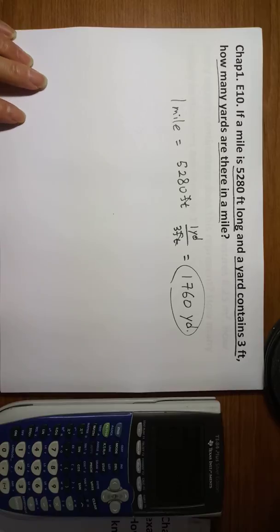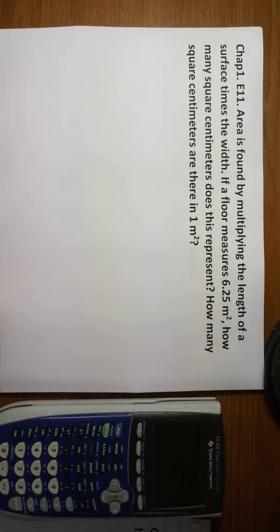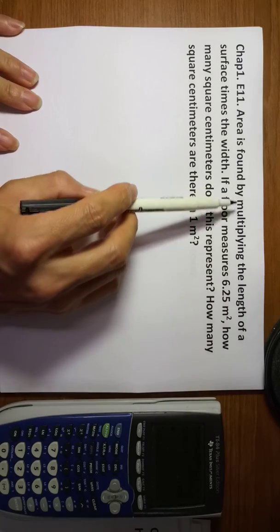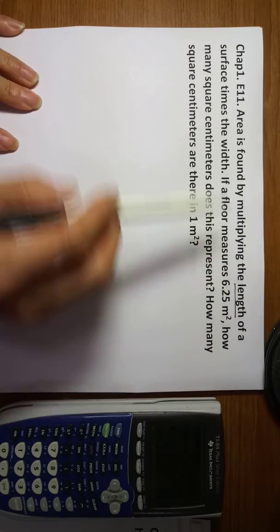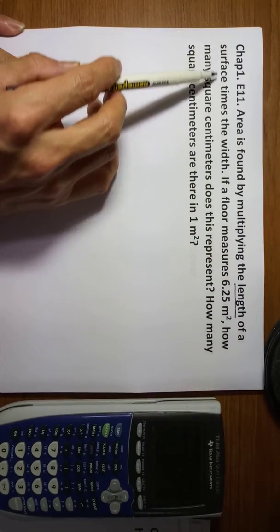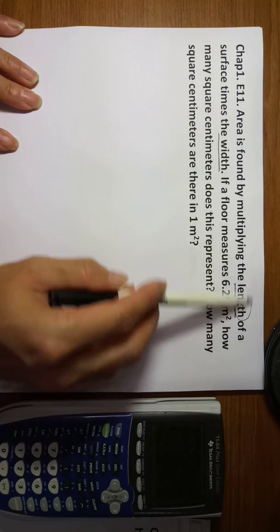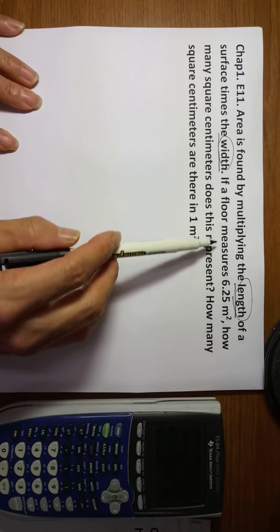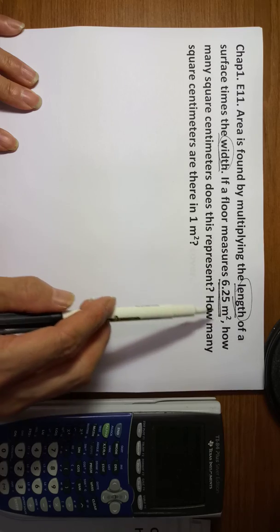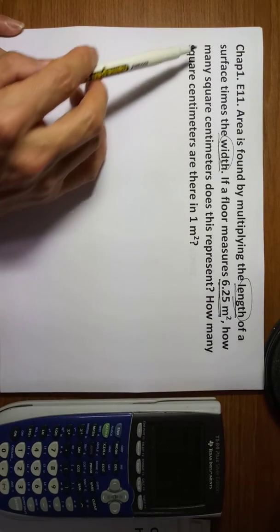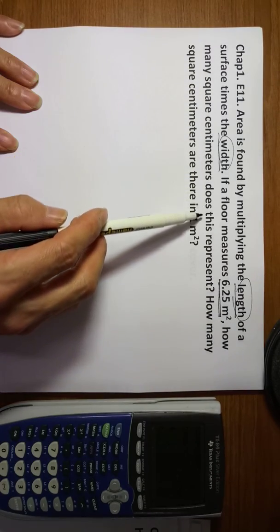Okay, continue. Next question. Okay, continue on E11 on chapter 1. Area is found by multiplying the length of a surface times the width. If a floor measures 6.25 square meter, how many square centimeter does this represent?